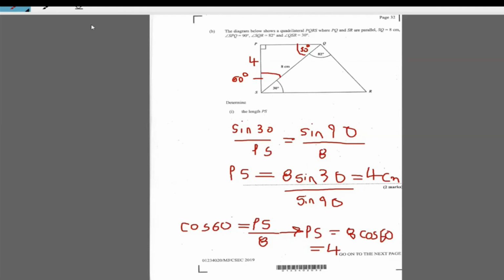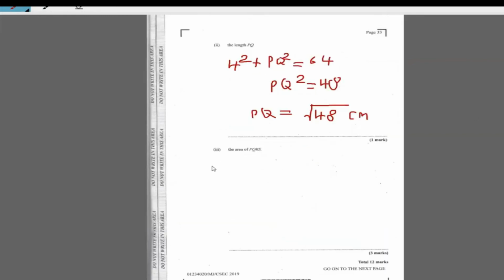So what I'm saying is the sine of 82 over SR is equal to the sine of an angle over 8. So this is what I'm going to use to find SR.